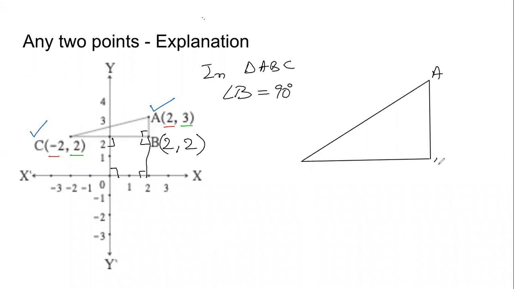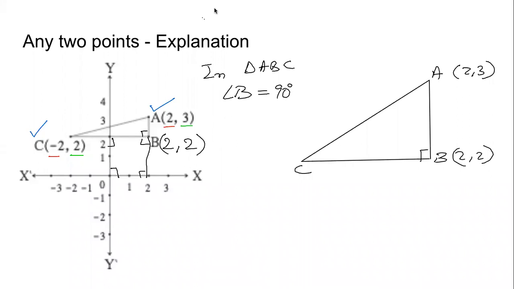A, B, and C. A is 2, 3. B is 2, 2. Now, whatever we have learned till now, can you tell me using that what is the length of side AB of this triangle ABC? One point is 2, 3. Another point is 2, 2. See what is common between them.